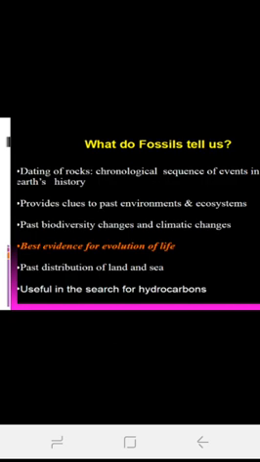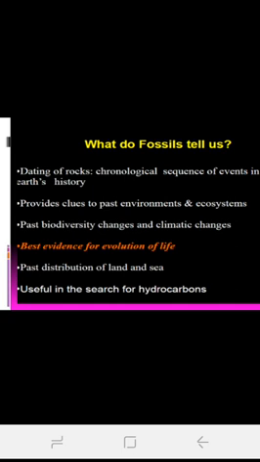Then what is the significance of the study of fossils? It helps us to study dating of rocks and the chronological sequence of events that took place in earth history. It also provides details regarding the particular environment and ecosystem that prevailed at that time.